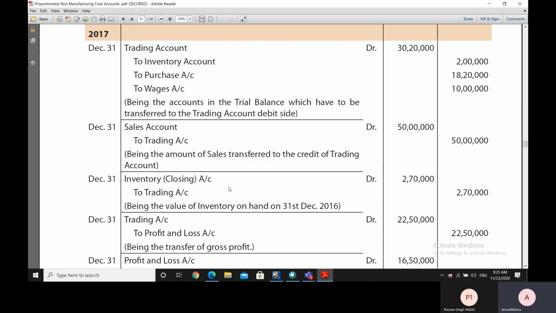In respect to our inventory also, we will be debiting the inventory account or inventory closing account and crediting the trading account.